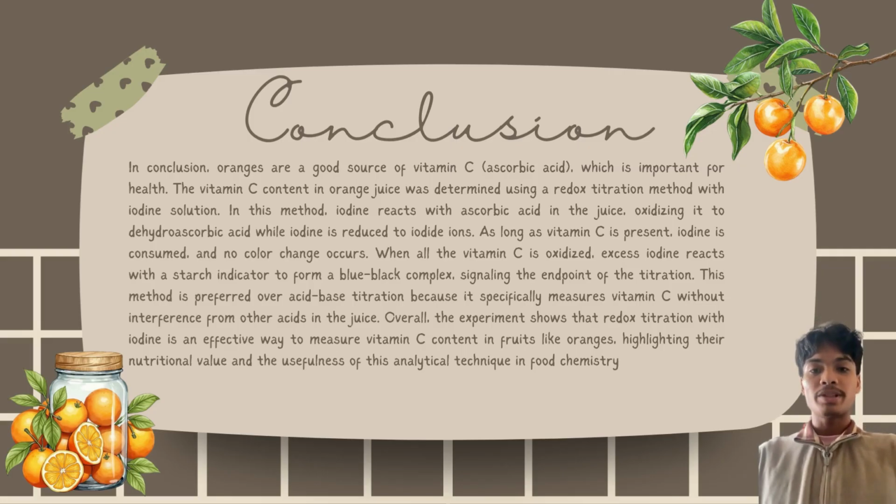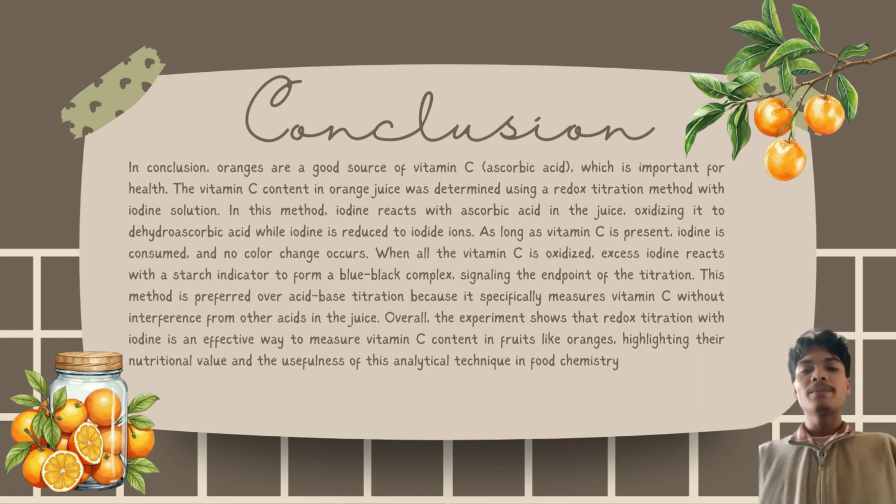When all the vitamin C is oxidized, excess iodine reacts with a starch indicator to form a blue-black complex, signaling the endpoint of the titration. This method is preferred over acid-base titration because it specifically measures vitamin C without interference from other acids in the juice.